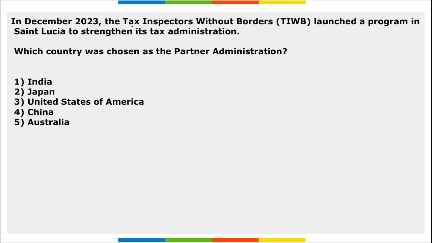Next, in December, the Tax Inspectors Without Borders launched a program in St. Lucia to strengthen their tax administration. Which country was chosen as the partner administration? So remember, our India was chosen as the partner administration by Tax Inspectors Without Borders, in order to strengthen the tax administration in St. Lucia.